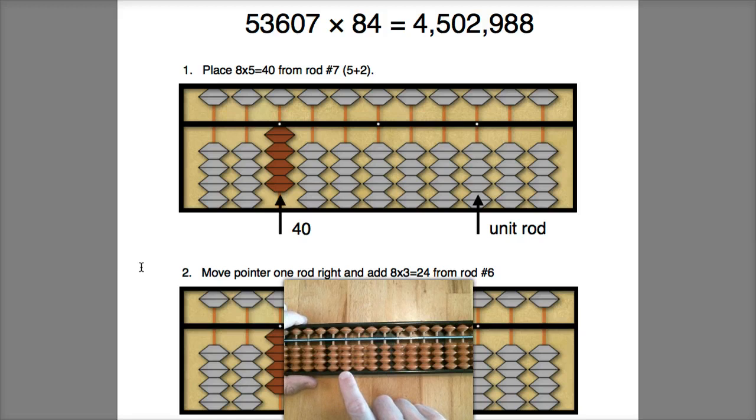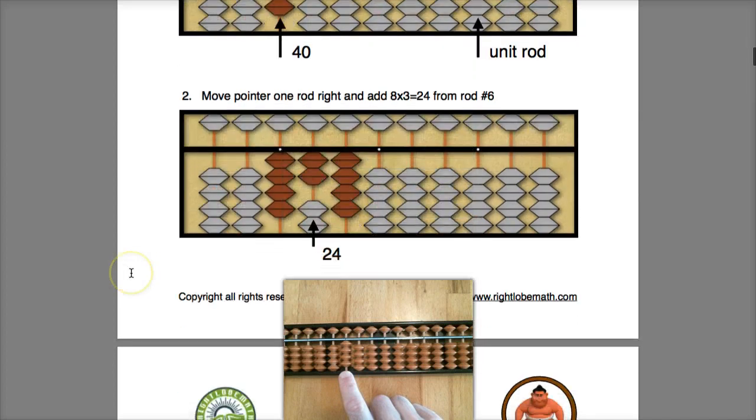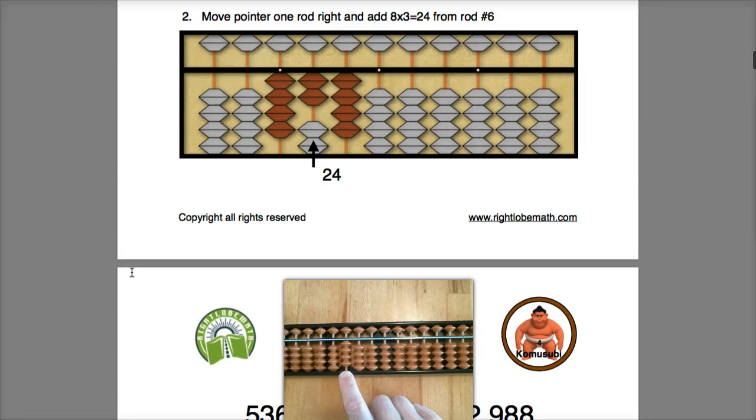So here we'll start off with the first multiplier digit 8 and multiply 8 times 5, which is 40. So I simply enter a 40 there for my first calculation. Okay, now I'm going to move my pointer one rod right, and I'm going to multiply 8 times 3, which is 24.